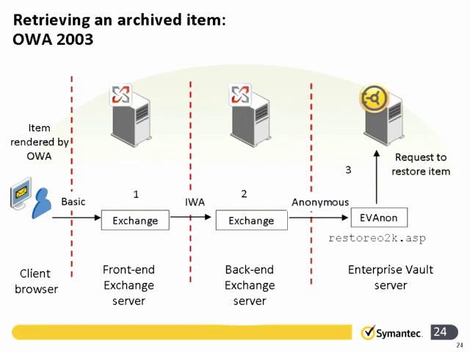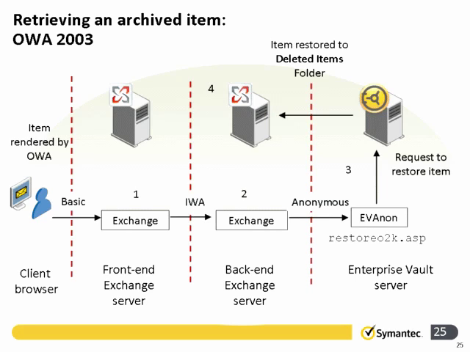That active server page name is restore02k.asp. That particular active server page makes the request to the service on the Enterprise Vault server, which is the storage service, to actually retrieve that item. When it retrieves that item, it will restore that particular item back to the back-end Exchange server in that user's mailbox into the deleted items folder.